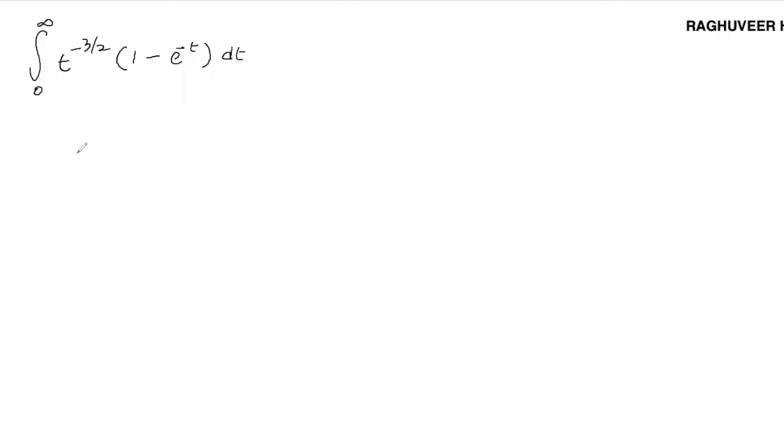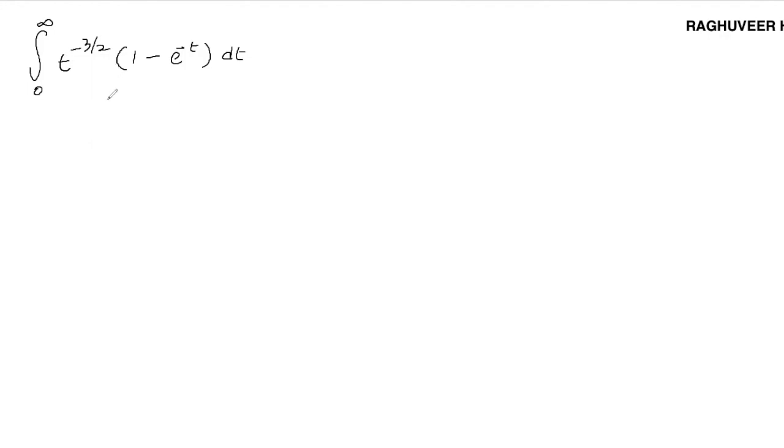Now let us solve this problem. This is integral 0 to infinity t to the power of minus 3/2 into 1 minus e to the power of minus t dt. Now integration by parts.